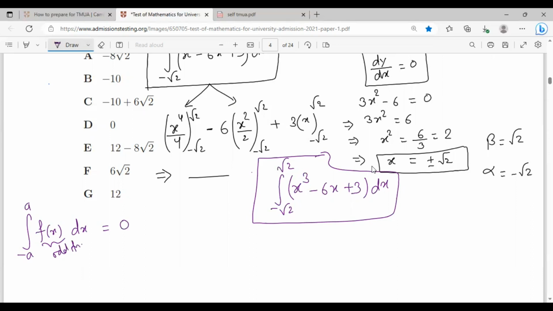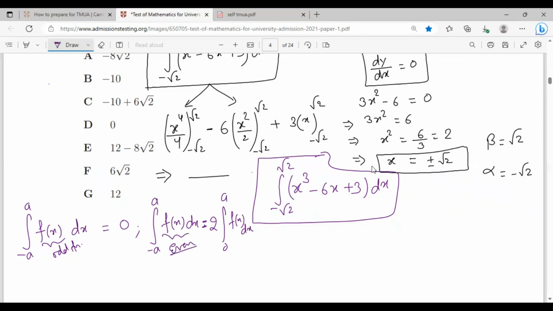And if we integrate any even function from minus a to a, it will be 2 times the integration from 0 to a of f(x) dx. But this is applicable only when f(x) is an even function.